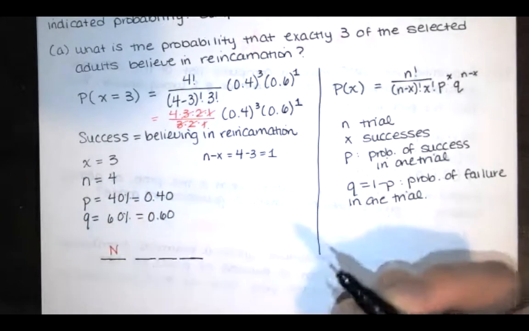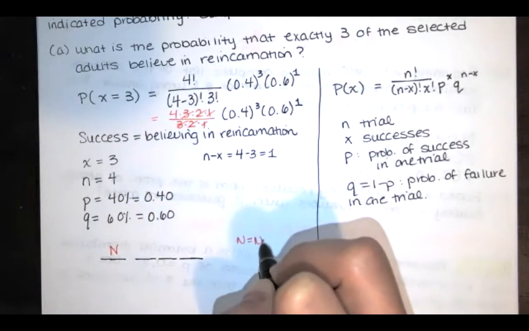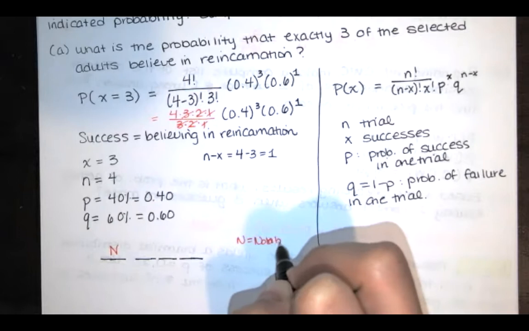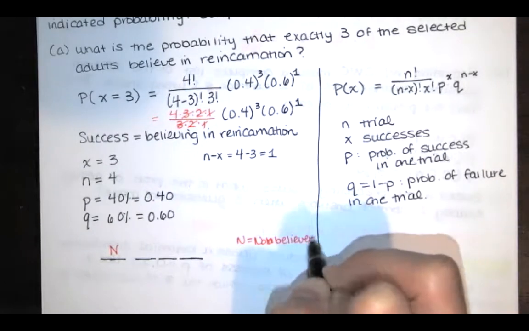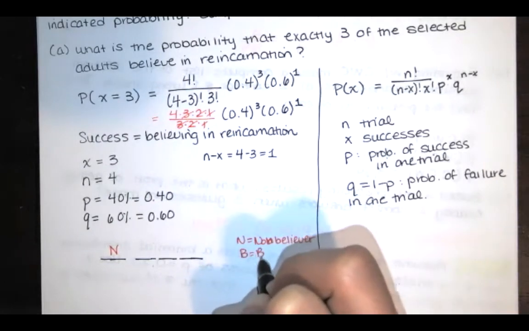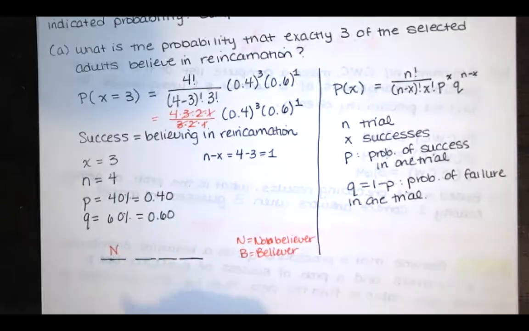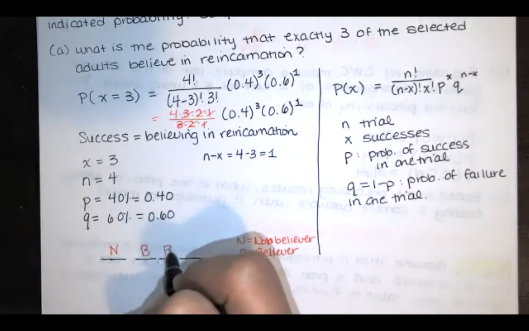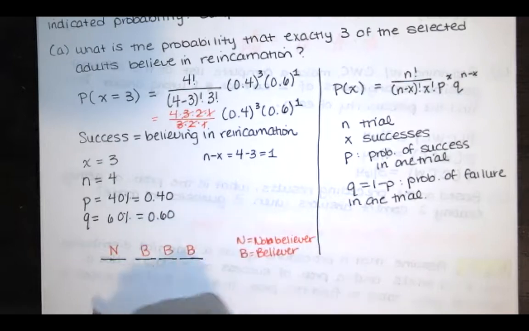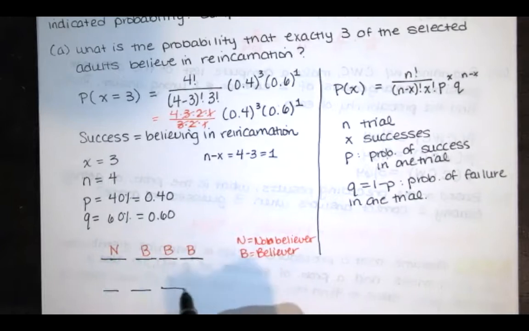I'll use N for non-believer, and we can use B for believer. So you've got maybe a non-believer and 3 believers, or that's one way that could happen, where you have exactly 3 believers.